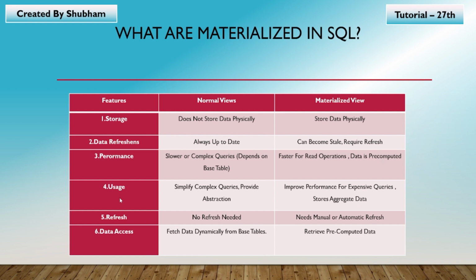Normal views simplify complex queries and provide abstraction, but a materialized view improves performance for expensive queries and stores aggregate data. Here refresh is not needed, but a materialized view needs manual or automatic refresh. For data access, a normal view fetches data dynamically from the base table, and a materialized view retrieves pre-computed data. So these are some general differences between normal views and materialized views.